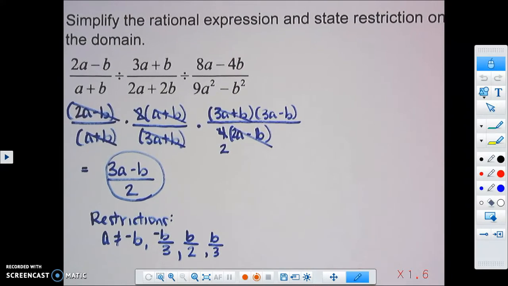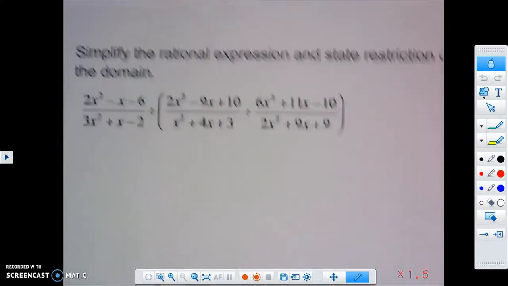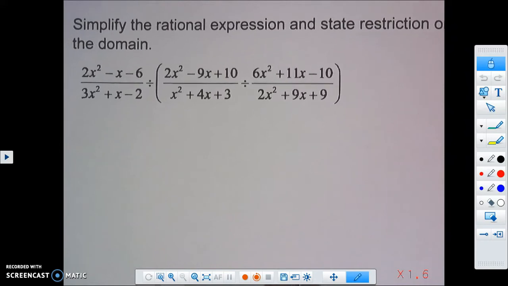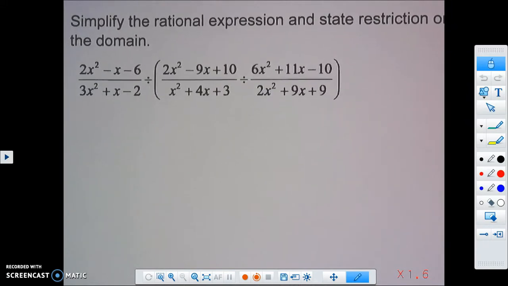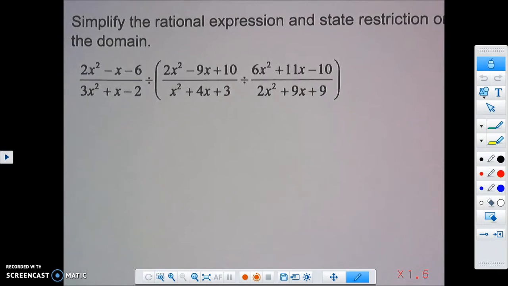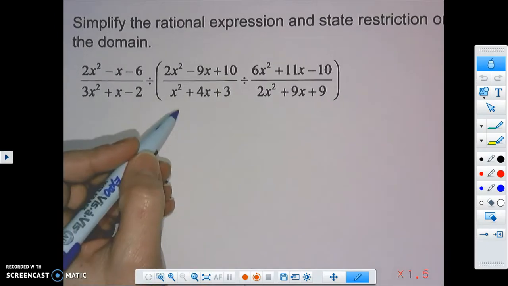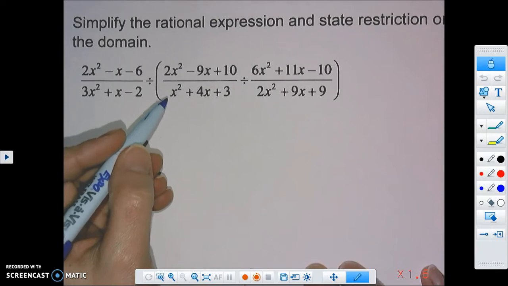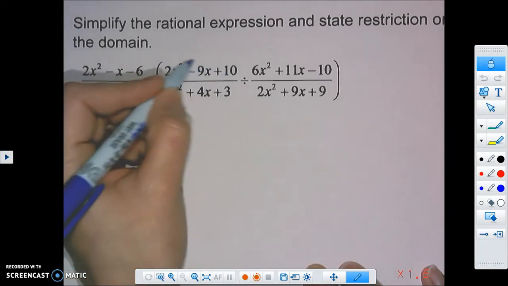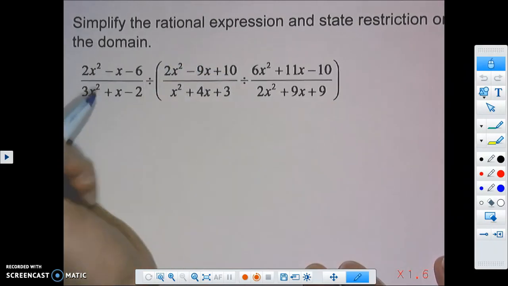All right, let's take a look at an example that has more factoring that needs to happen in it. Another way that you can choose to do these questions is kind of factor everything first and then flip things. So we're going to still work within the parentheses here. And here's another thing you can do. Some people like to just factor these pieces right there by the question.